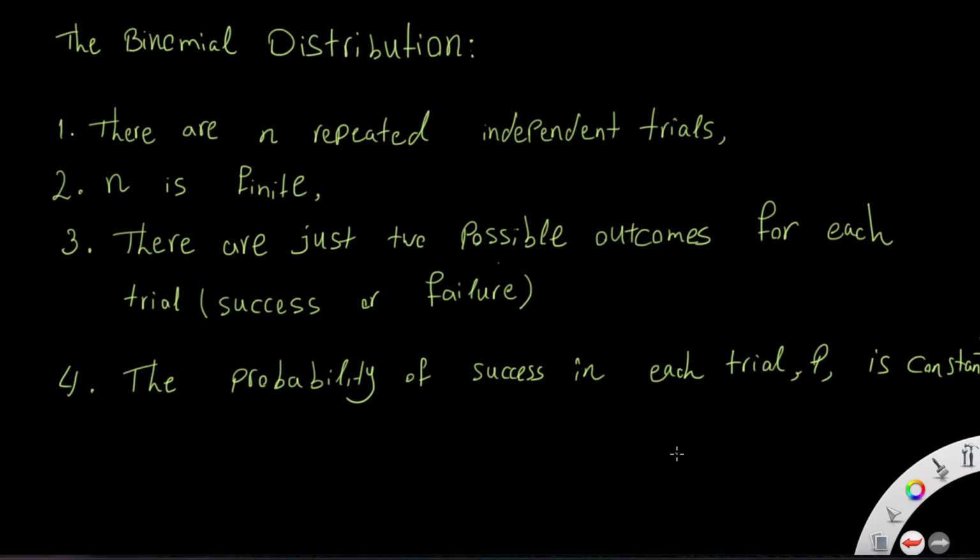First one, there are n repeated independent trials. Second one, n should be a finite number, cannot tend to infinity. It should be a finite number.